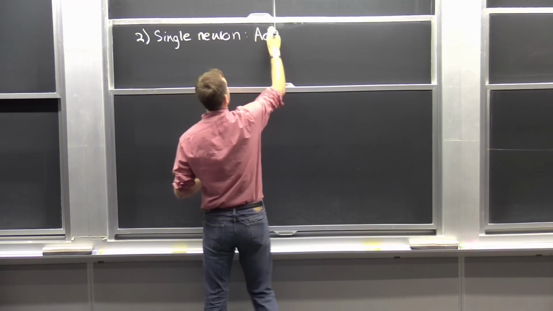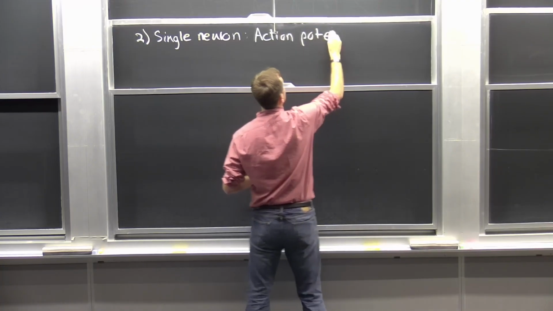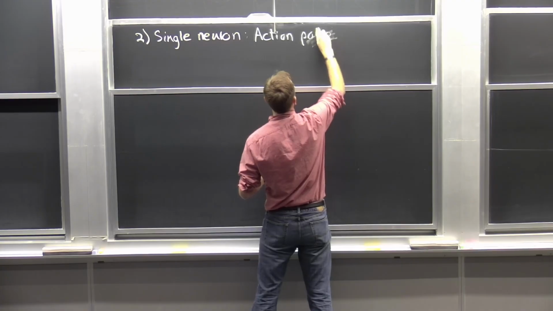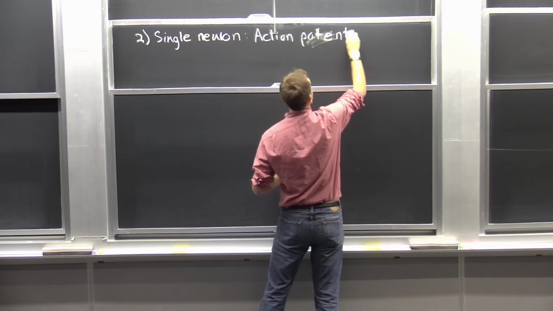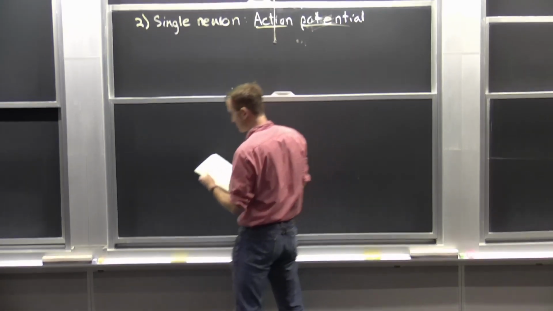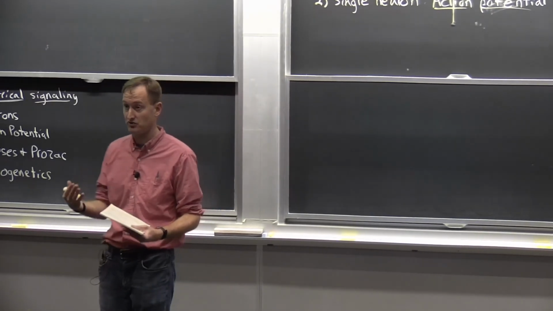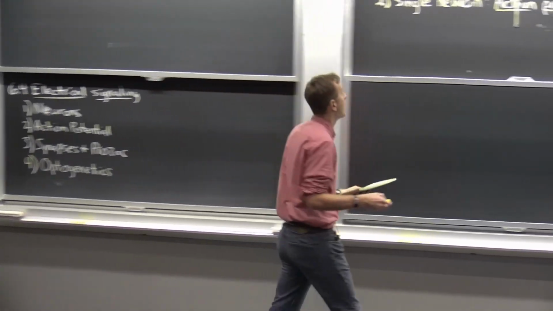And we're going to talk about a type of signal known as an action potential. So we're going to talk about an action potential. And what an action potential is, it's an electrical signal that travels the length of the neuron.